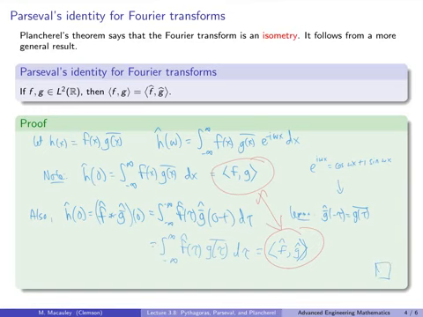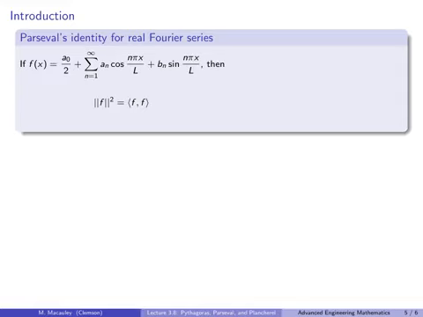And recall that this implies Parseval's theorem from the previous slide. Just take g to be equal to f. As I mentioned earlier in the lecture, and it shouldn't be a surprise, there is a version of Parseval's identity for real Fourier series.